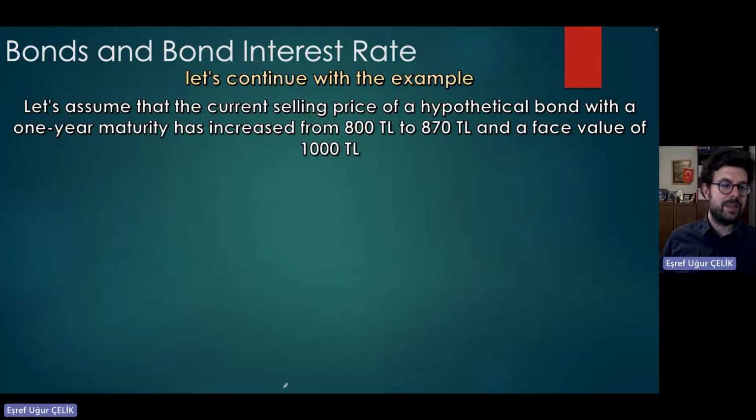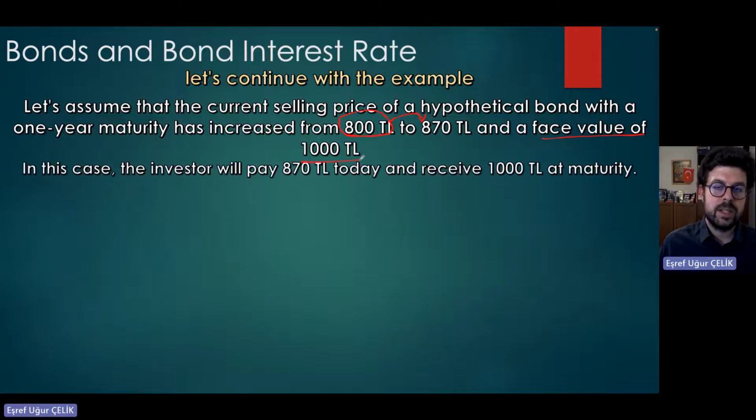Let's make another example, or let's use the same example in a different version. For example, the bond price changes from 800 to 870, but the face value is the same. Let's calculate again bond interest and bond interest rate.